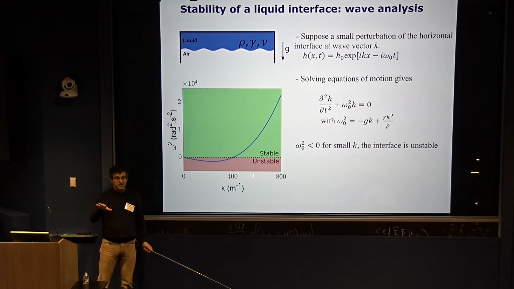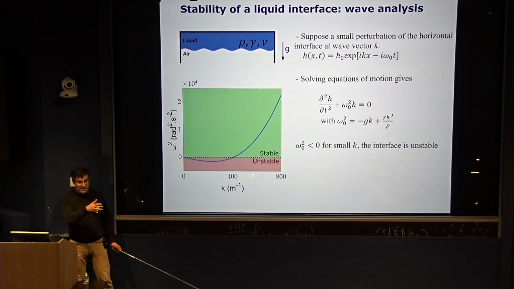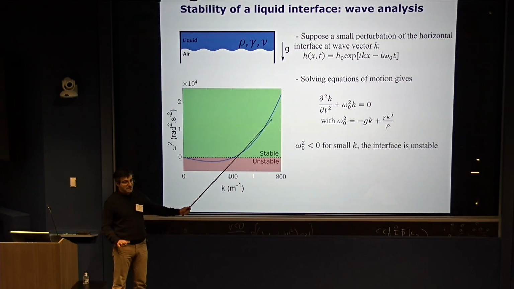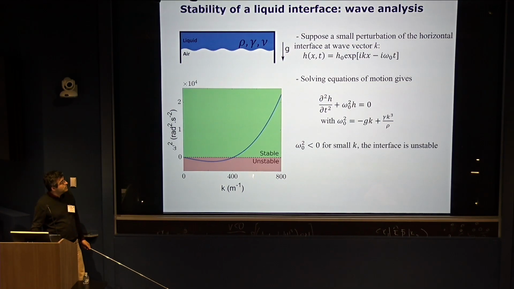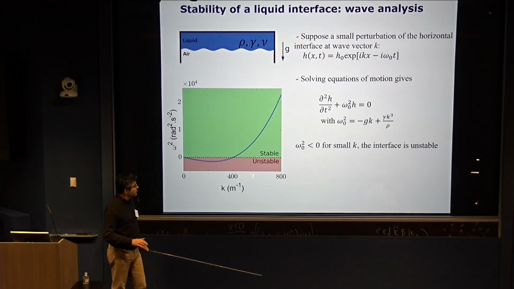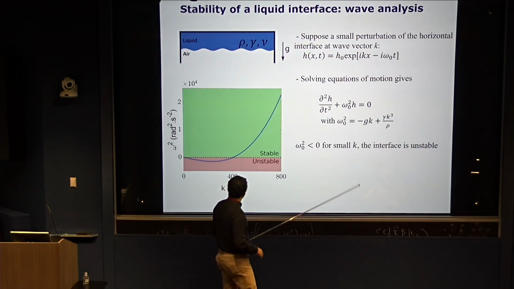Here, what stabilizes things is capillary waves. So for this, you don't care. You just need to stabilize this. And by the way, you all know this. This is what is called the Rayleigh-Taylor instability.